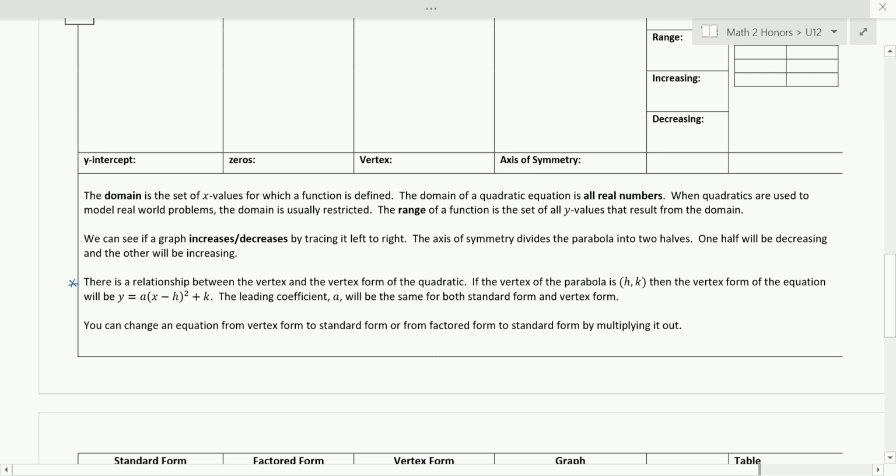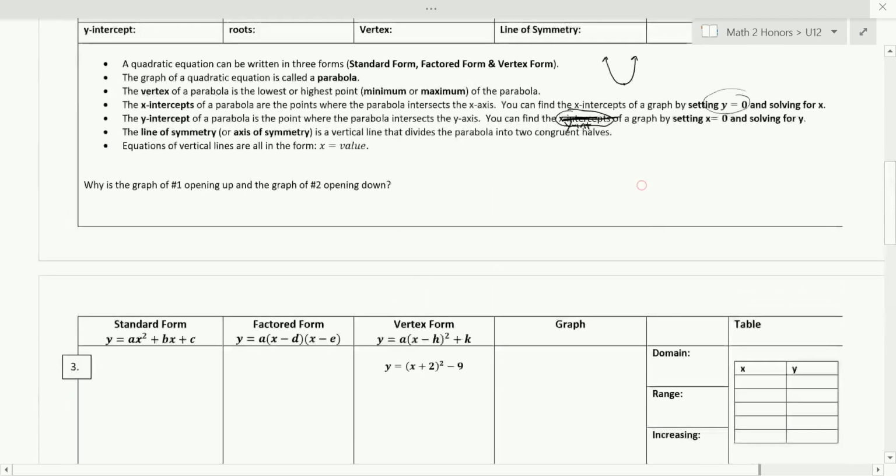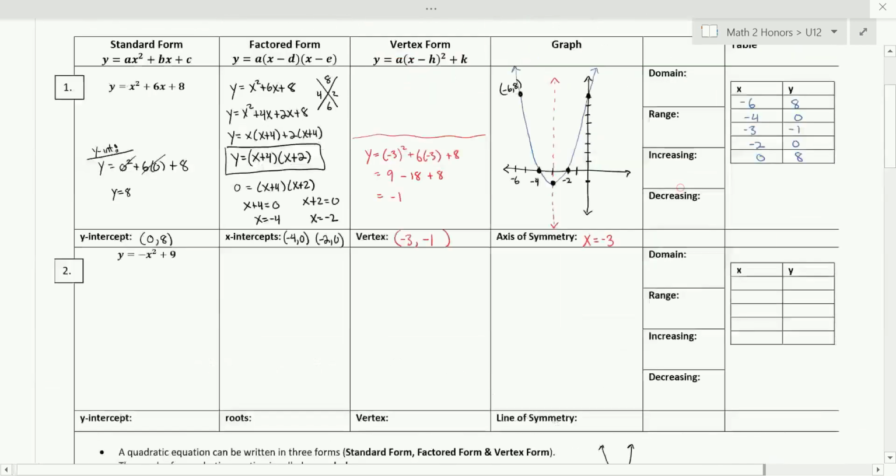If the vertex of the parabola is (h, k), then the equation is going to be a times (x minus h) squared plus k. The lead coefficient a will be the same for both standard form and vertex form. So that's going to be something new, and I'm going to show you what that means in terms of this problem that we're working with. So there, I'm just showing you where it is in the notes, so you can go back to that.